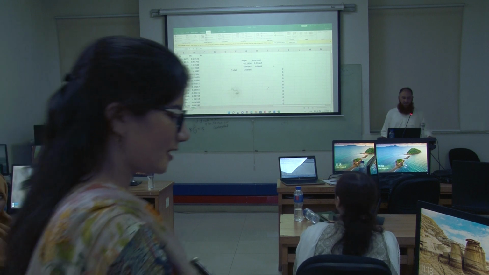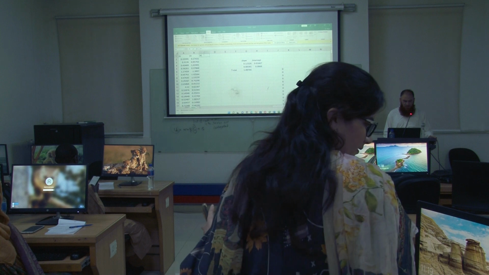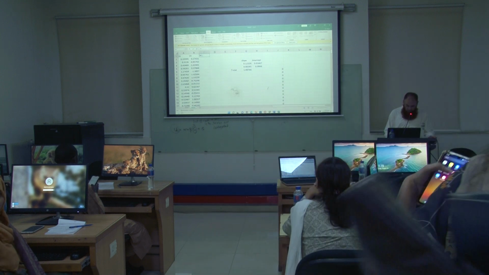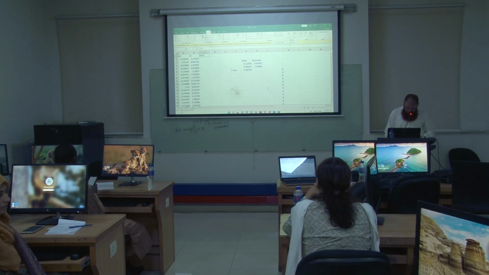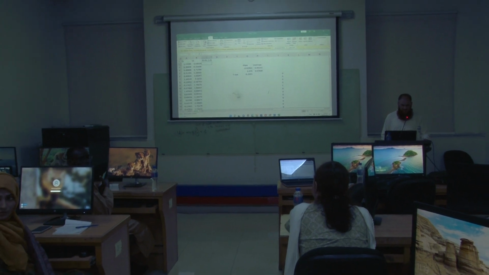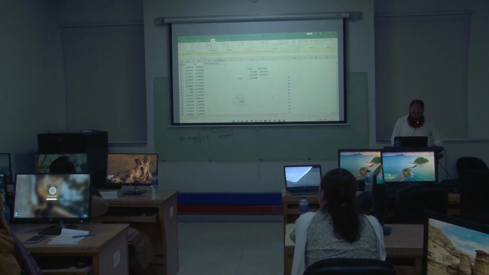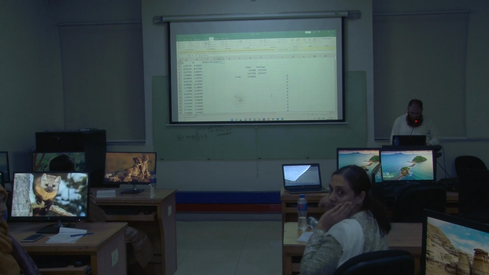So, in the next column, I am generating xt, and let me write the formula for xt. This is equal to xt minus 1 plus et. Okay. In the next column, I will generate yt. Yt is equal to yt minus 1 plus ut.